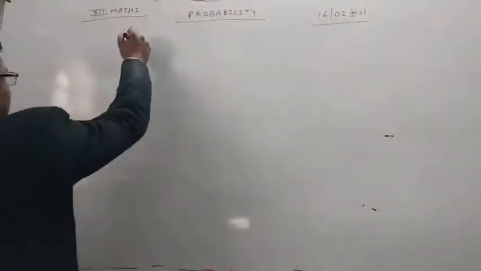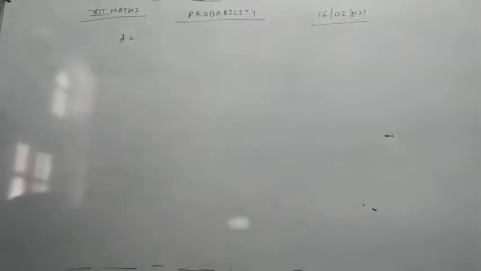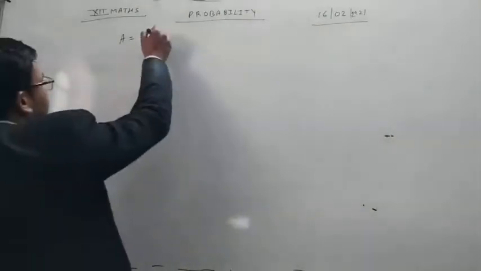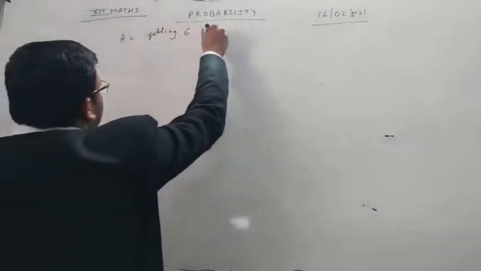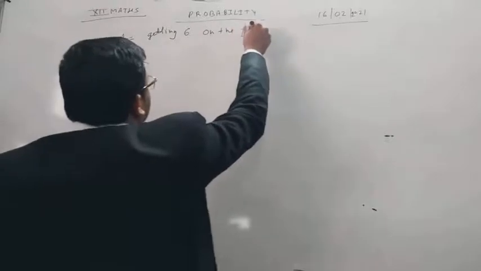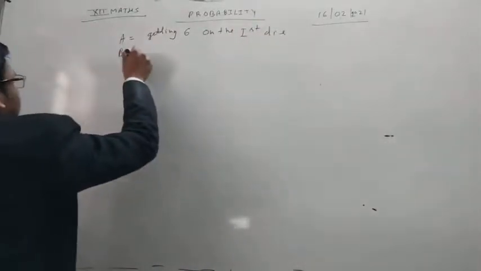So students, we have been given two events. Our first event A says getting 6 on the first die, and event B is getting 2 on the second die.